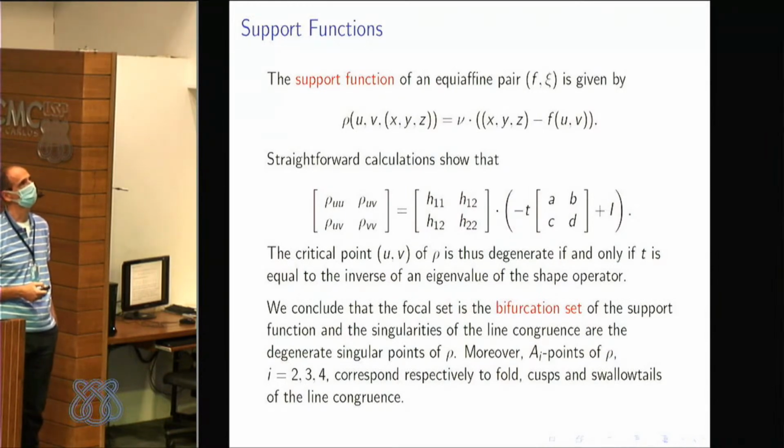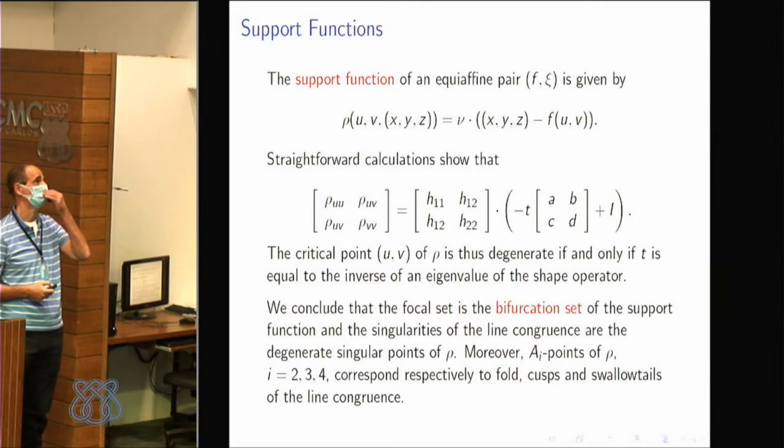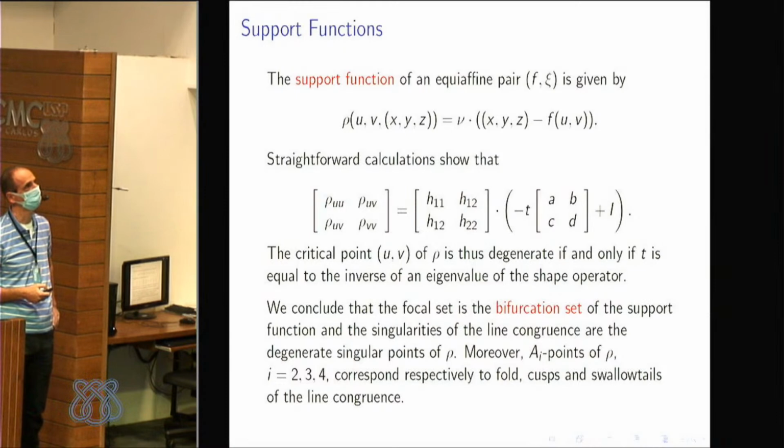It's just the conormal applied to the difference: you have any point in space, you apply the conormal to the difference from this point to a point of the surface. And this function has this property here. The critical points correspond to points in the line, where (x, y, z) is in the line, and the critical point is non-degenerate.